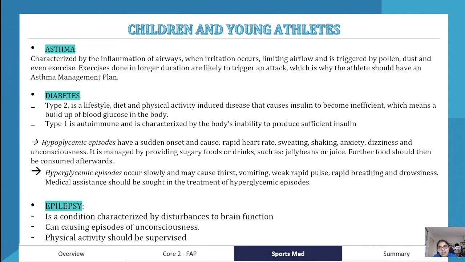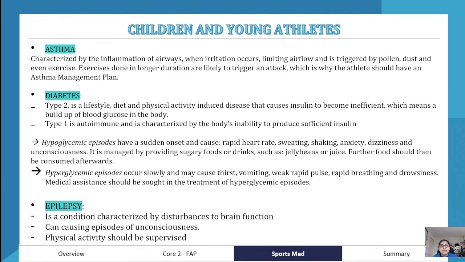And this is managed by providing them with sugary foods or drinks such as jelly beans and juice, and further food needs to be consumed afterwards. So this is when we see that their blood glucose levels have gone really low, so that is why they need to consume sugary drinks and food.